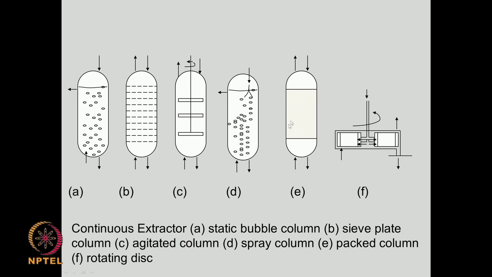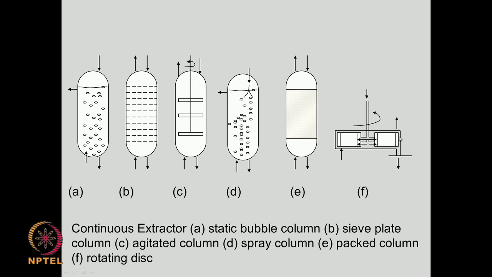The next design is called a packed column. So, you have packing here and the solvent is flowing in one direction and the feed is flowing in another direction. Another type is called the rotating disc. Okay. So, you have one phase coming here, there is a large disc inside that is rotating and the solvent is introduced inside the shaft.